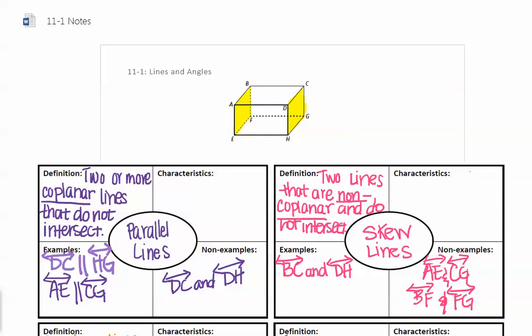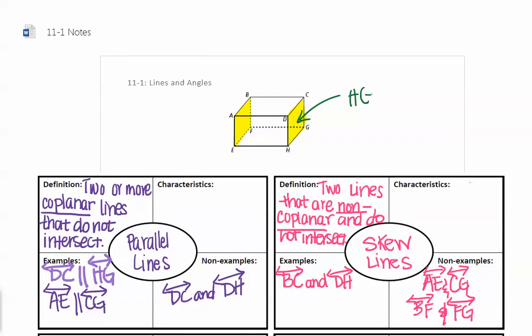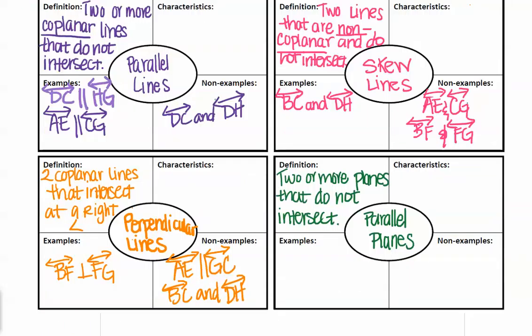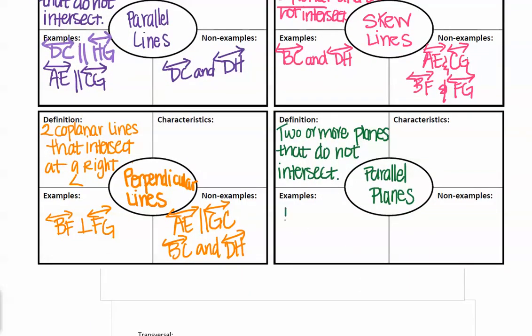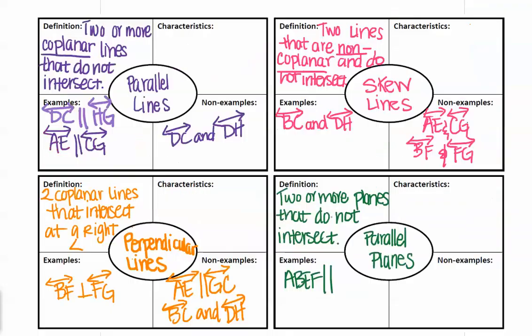So we can call this plane right here HGDC, or you could just say HGD. You can just use three. This one could be ABEF. We don't really have a symbol for planes. So ABEF is parallel to HGDC.